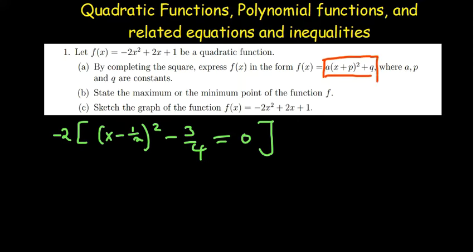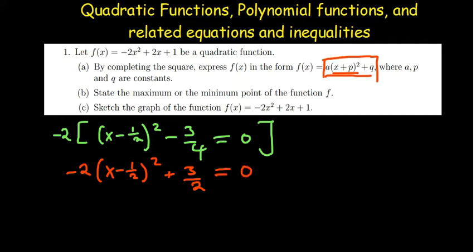Because we need to distribute the a only to this part. So we have to distribute the negative 2 there. So we're going to have negative 2 times x minus half squared, and then you multiply the negative 3 over 4, which is going to give us, the 2 into the 4 gives us a 2, so it will be a positive 3 over 2 being equal to 0. Now it's matching up in that form.